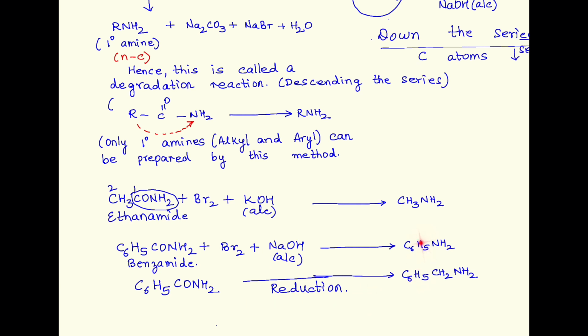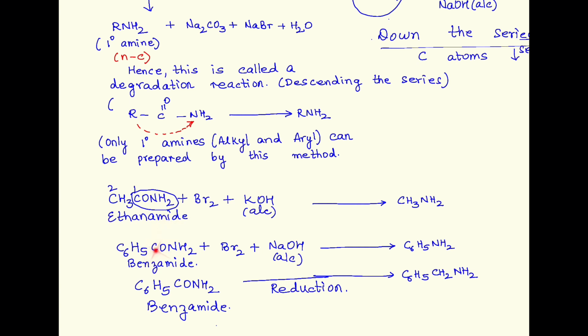Now look at the difference in the products formed. I have specifically taken this example using the same starting compound but different methods, so you get different products. In reduction, the number of carbon atoms remains the same, but in Hofmann's bromamide reaction, the number of carbon atoms reduces by 1.